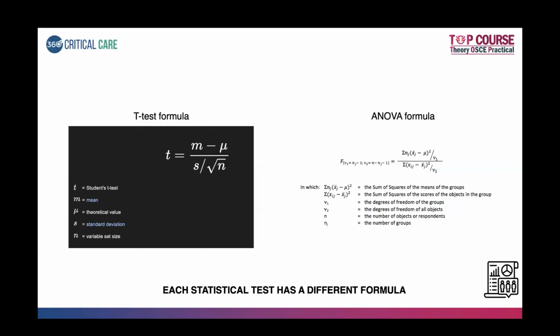So just for revision's sake, there are 5 areas you need to look into. First, you assess whether you are assessing for a difference between two variables or for a relationship between two variables. The next thing is you assess the type of data, that is whether it is qualitative or quantitative.